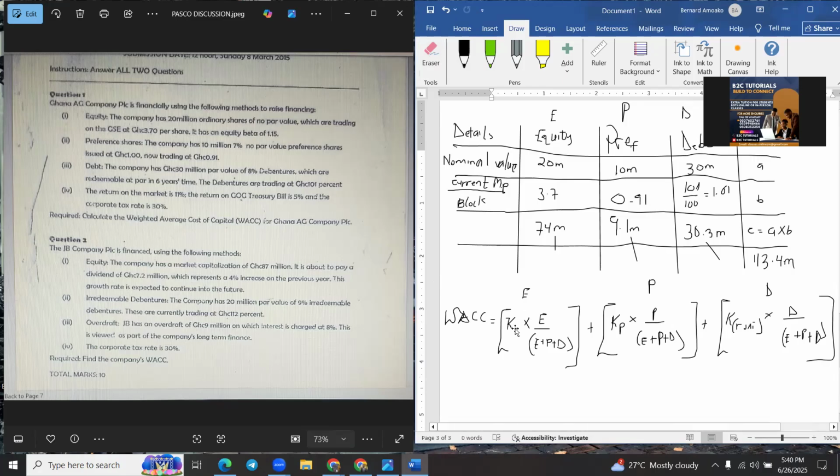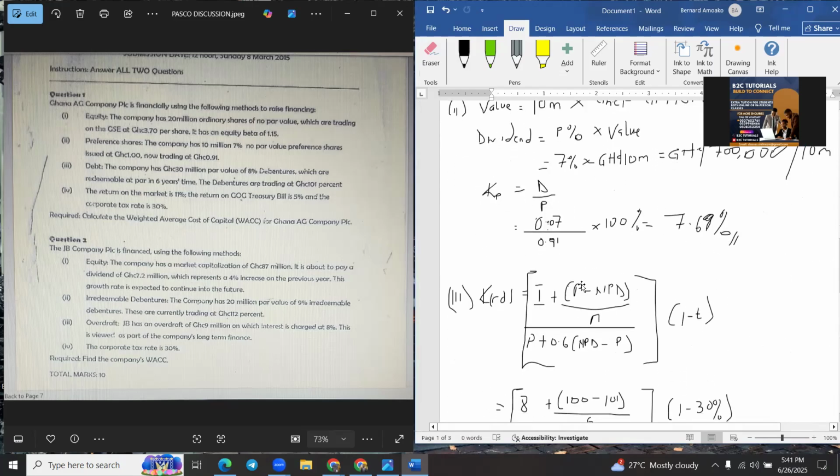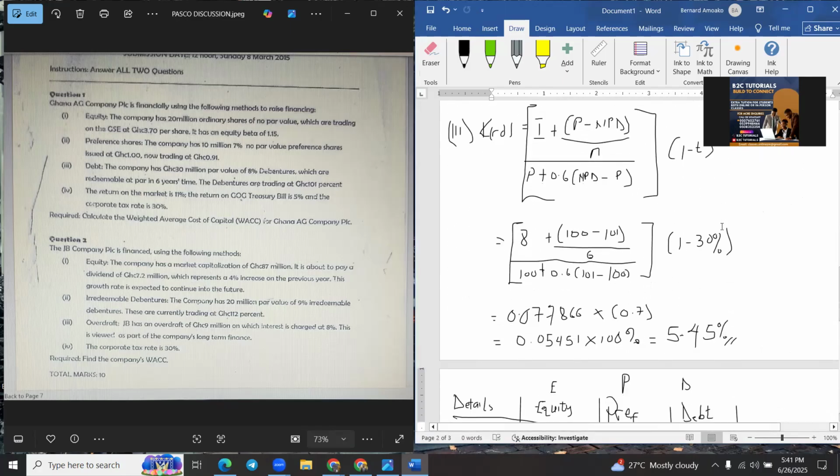So what is KE, the cost of capital? Well, 11.9%. For P it is 7.69. And that of the irredeemable debt was 5.45.